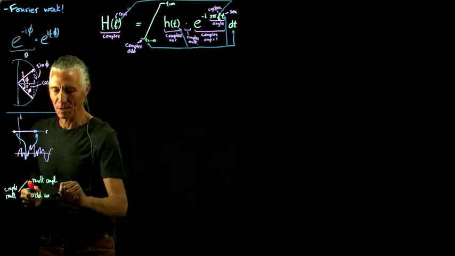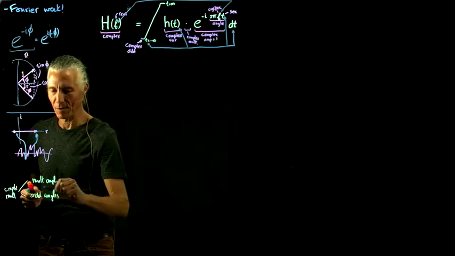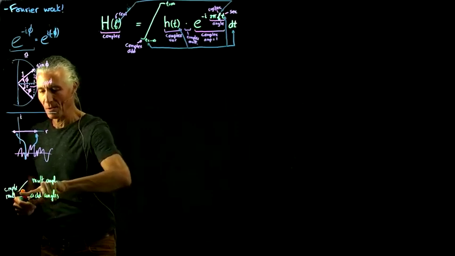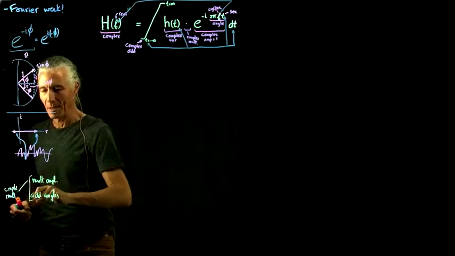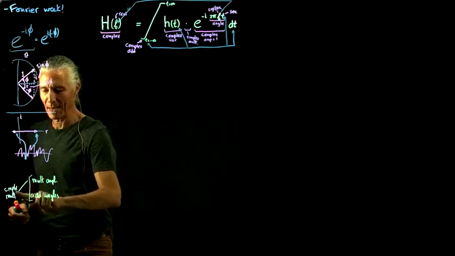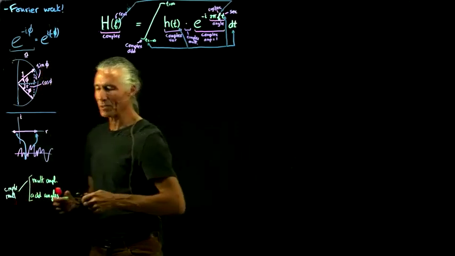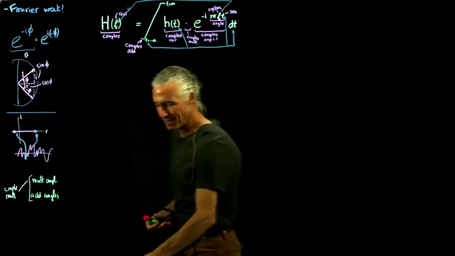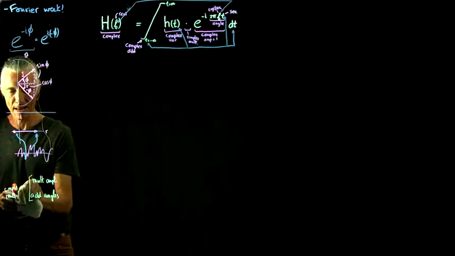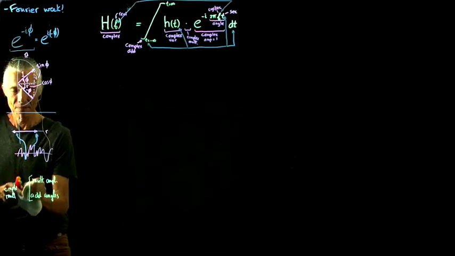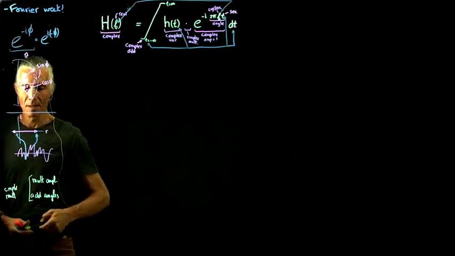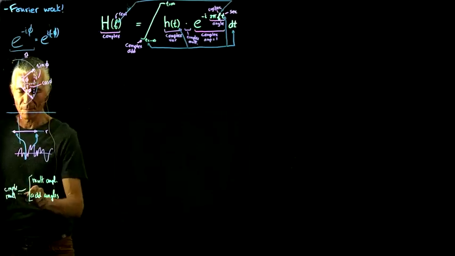That's the most intuitive one, the polar angle view. So you multiply the amplitudes and add the angles. That's why we can think of complex multiplication as a kind of rotation, because you're adding the angle of the second complex number to the first complex number.